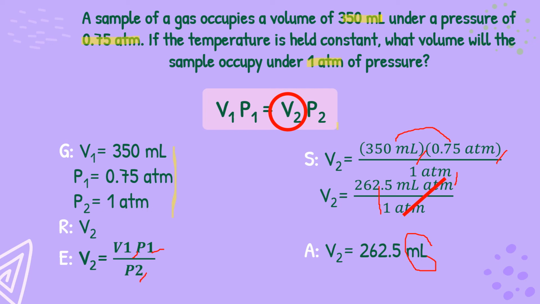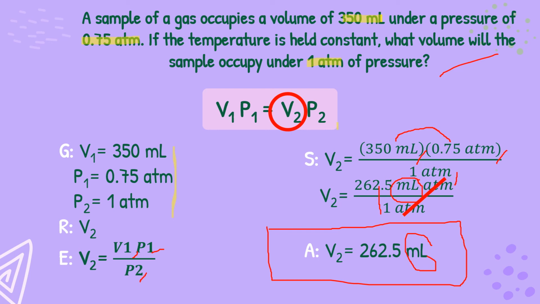As I said, if you have the same unit in the division in this fraction, you need to cancel out these two and we will be left with one quantity, and that would be the milliliter. So the answer, the final volume in this word problem, is 262.5 milliliter.